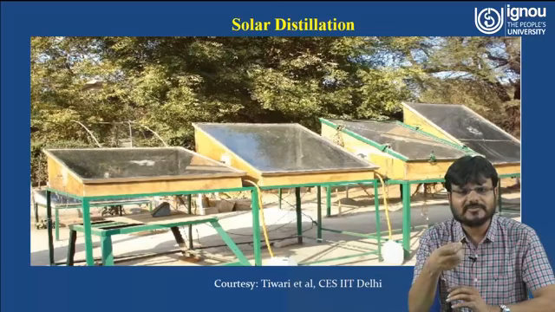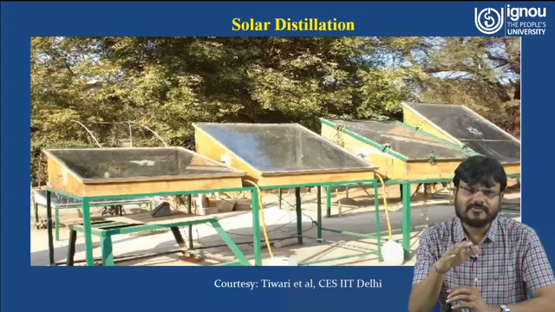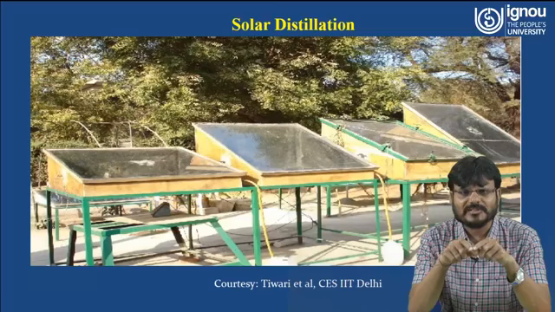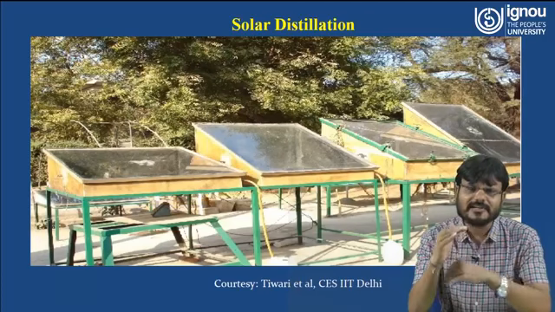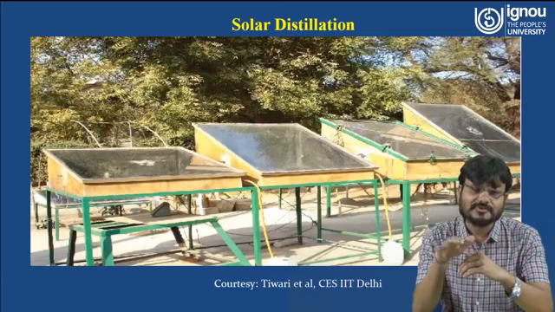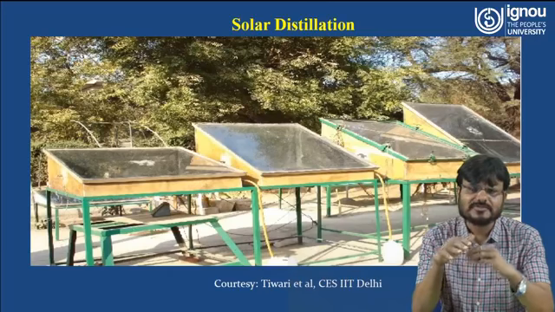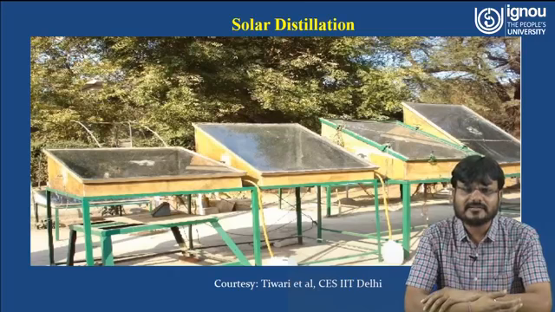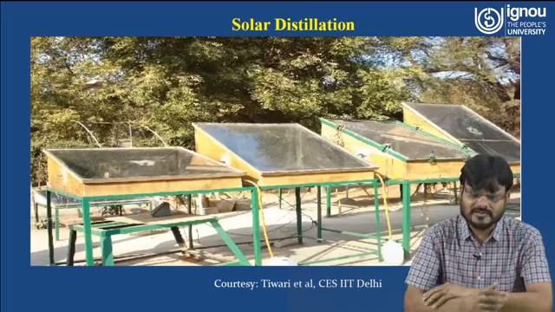To get more heat means you have to increase the temperature of the water. So here it was observed, if the angle is less, what will be the effect on the yield of the solar still? You can see the area of the collector is also changing, and the angle of the solar distillation is also changing. So this was done to see the effect of the angle and to see the effect of the glass.